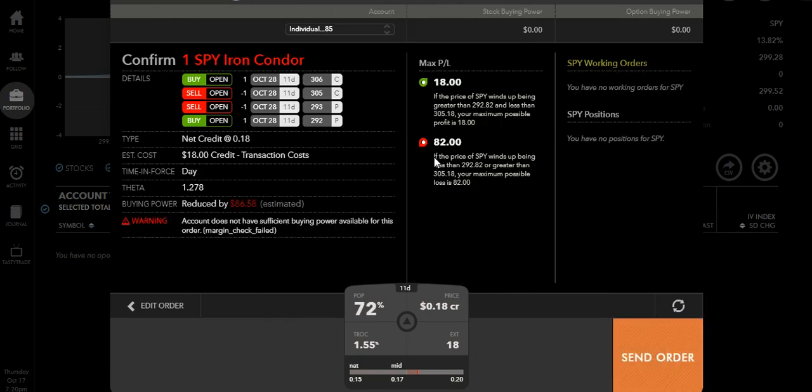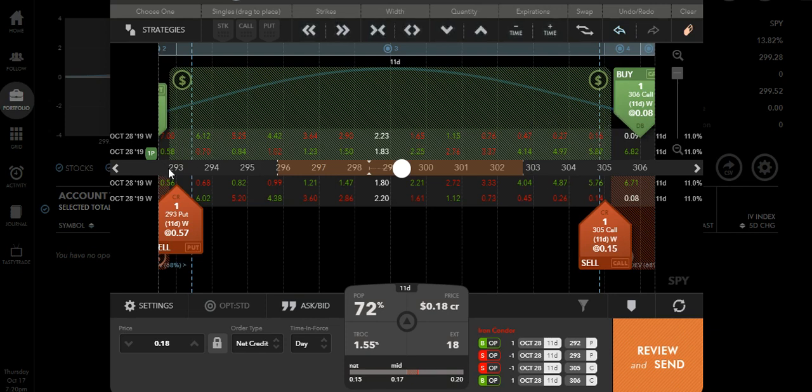As you can see here, the trade is going to cost us $82, and we're going to take in an $18 credit or profit, providing this option stays within this green range right here, which is well outside of this expected move. And this will expire in 11 days. We could even close this halfway through the trade at a 50% profit if we can make it to that point. And we can also increase the quantity of these trades.